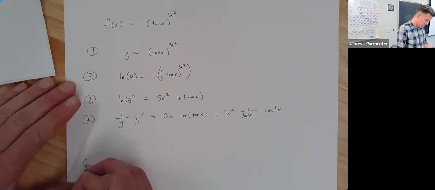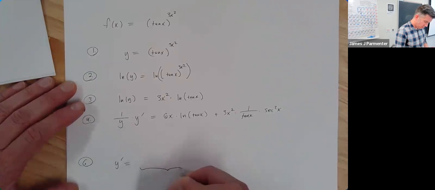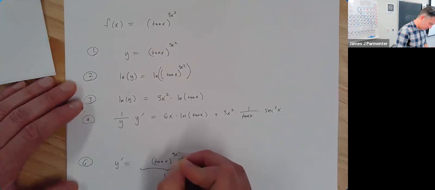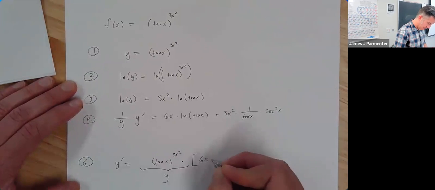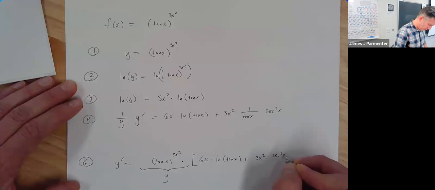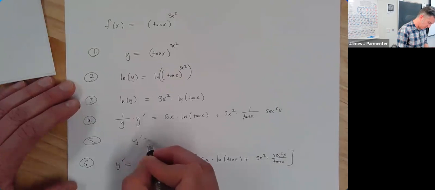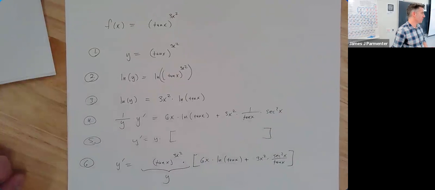So I feel like you should really do it in one step and say y prime is equal to y, which is tangent of x to the 3x squared, times all of that: 6x times natural log of tangent of x plus 3x squared times secant squared x over tangent x. But you can take an additional step if you want to and say, oh, y prime equals y times all that, and then replace y with what.